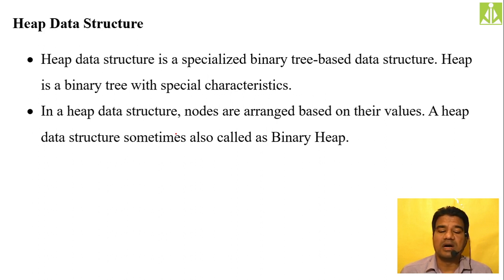Because a heap exhibits the properties of a binary tree, we sometimes call this heap a binary heap as well. It has the properties of a binary tree, where all nodes have either 0, 1, or 2 nodes. So we also call these heaps binary heaps.